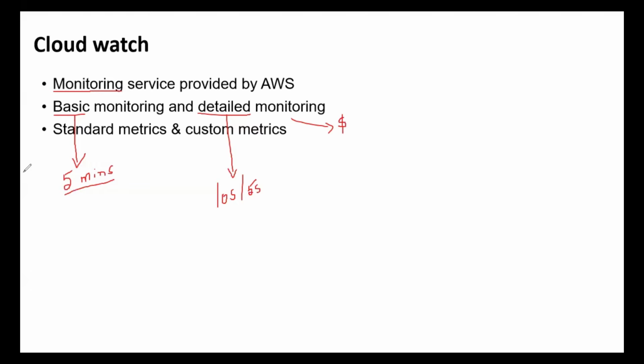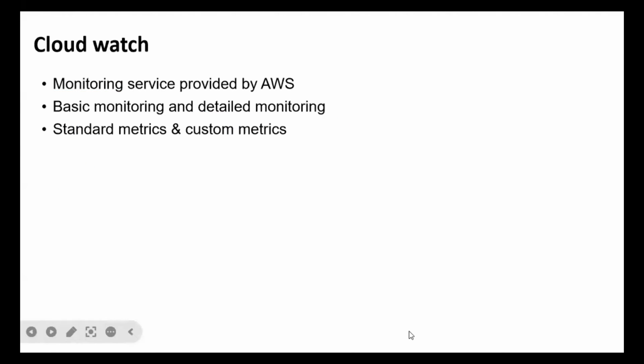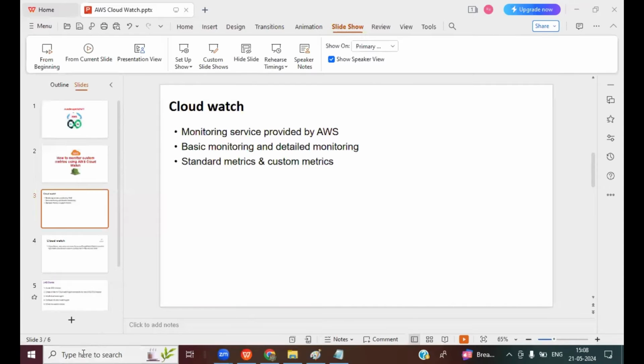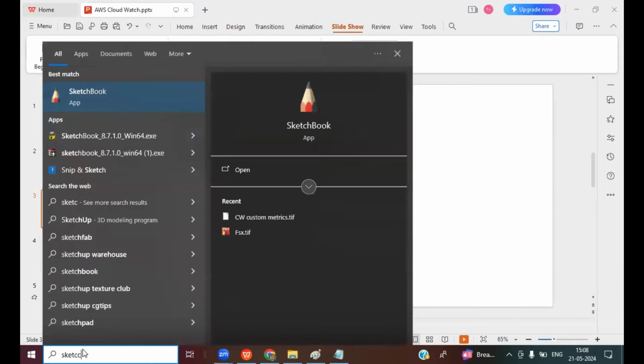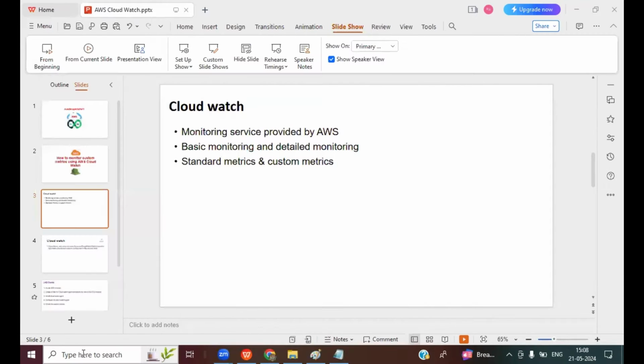Then we have two types of metrics: a standard metric and a custom metric. What are the metrics that will be part of the standard metrics? Let me open the Sketchbook app.